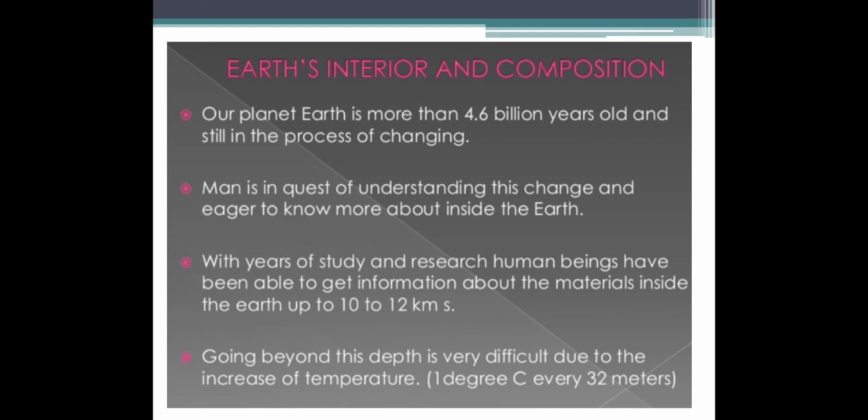With years of study and research, human beings have been able to get information about the materials inside the earth up to 10 to 12 kilometers only. Beyond this, we cannot go inside the earth.